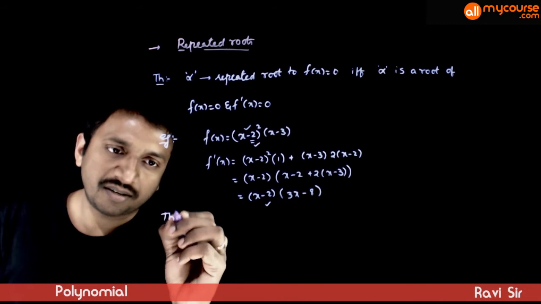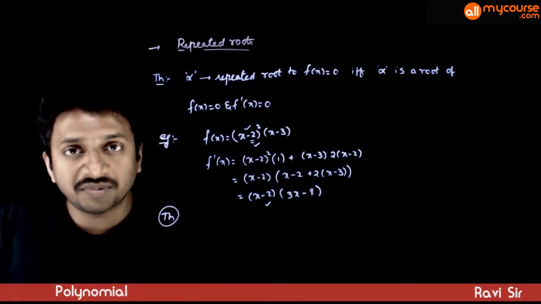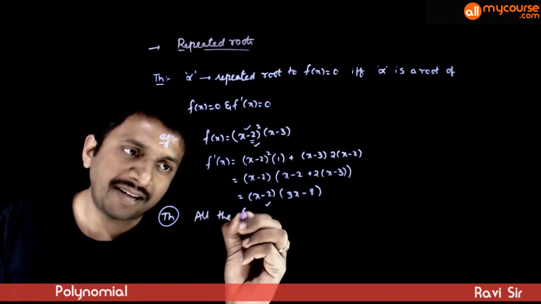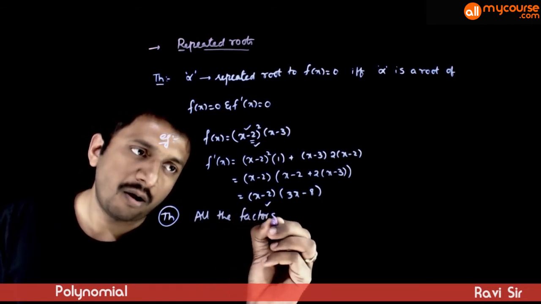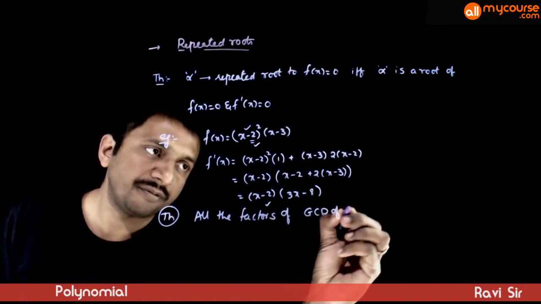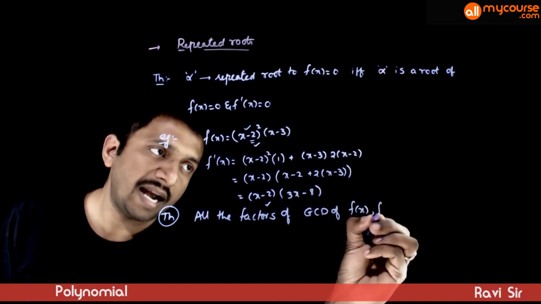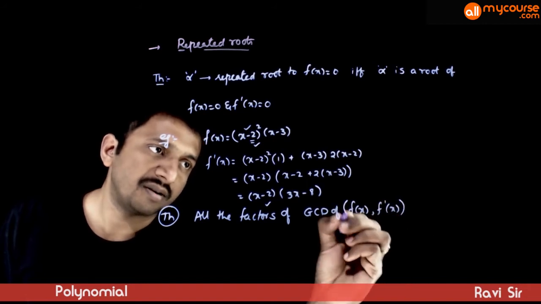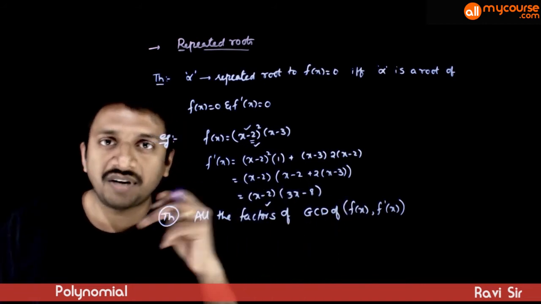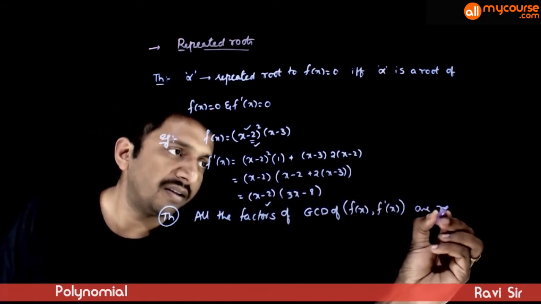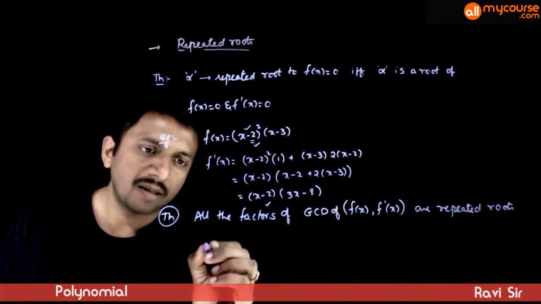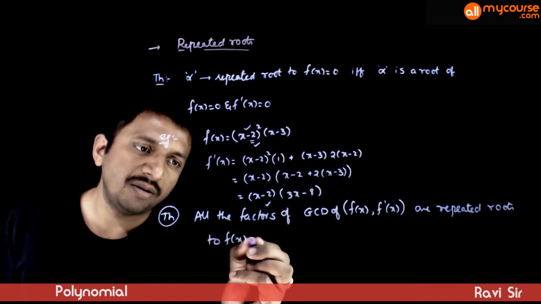The next theorem states that all the factors of the GCD of f of x and f dash of x are repeated roots to f of x is equal to 0.